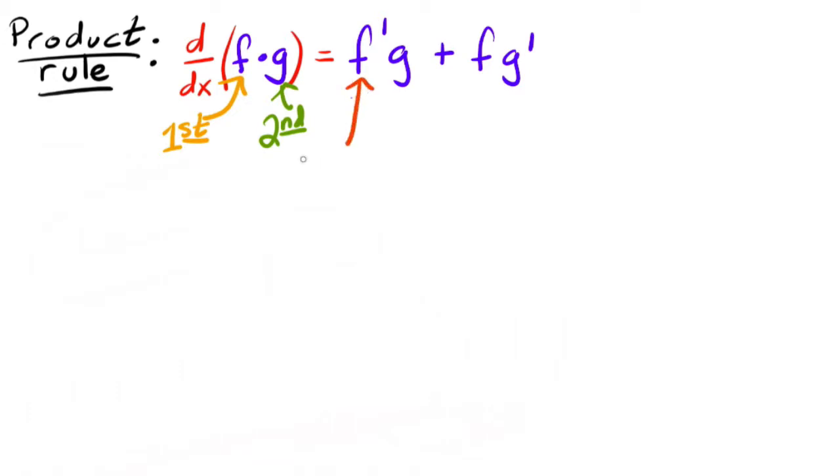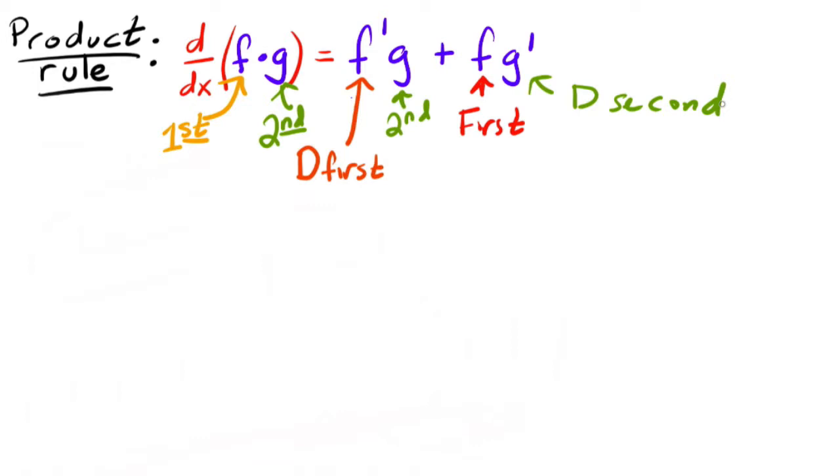Get the derivative of the first times the second, plus the first times the derivative of the second.